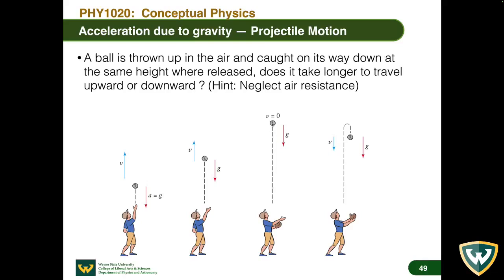It will accelerate from v equals 0 to some higher velocity as it comes back down. Now, if you could neglect the air, you will find that when it reaches the hand of the baseball player, the ball will have exactly the same speed as it had when it left the hand of the player.